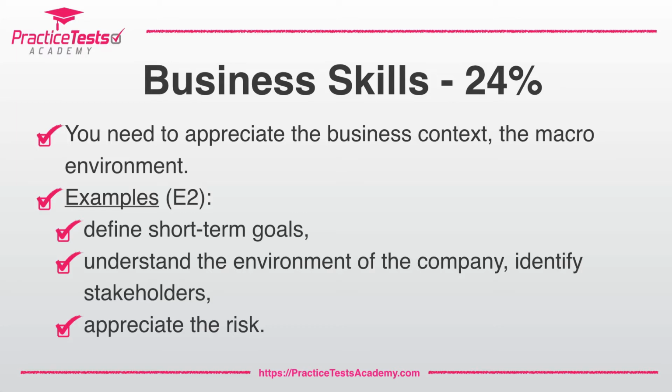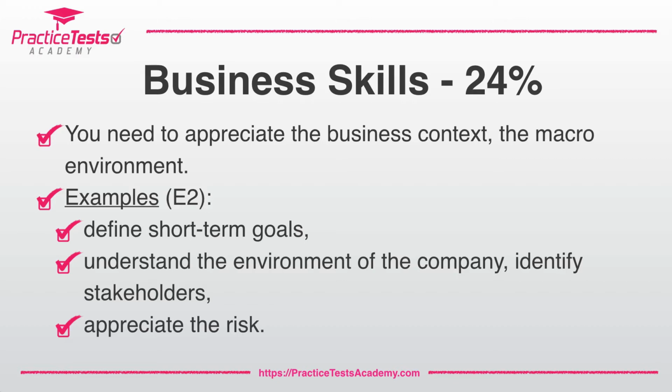Now, if you read through the pre-seen, and if you really understand the concepts that are mentioned over there, the structure of the company, the organization of the company, the environment of the company, and actually what your role is and what you could do for that company, you can be sure you will tick the box for business skills. Business skills is kind of like an integration of the knowledge that you got before with the pre-seen material and also with the unseen material that you are going to get during your exam.